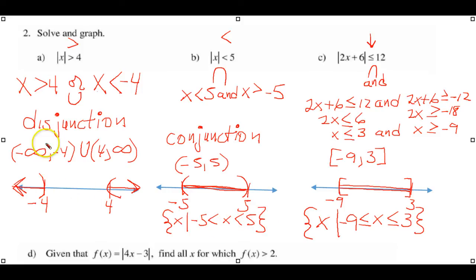Now, for a disjunction like this, where it's an or, your set builder notation would be, you would write this and this. Okay, but again, I don't think they're asking us for this. Any questions?